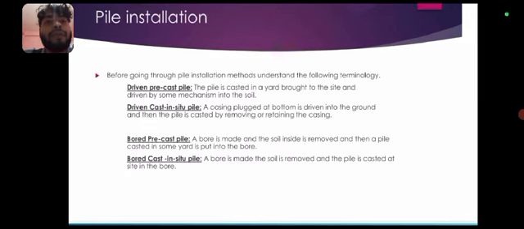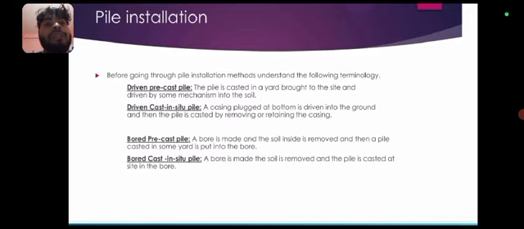Before going through pile installation methods, understand the following terminology. Driven precast pile: the pile is cast in a yard, brought to the site and driven by some mechanism into the soil. Driven cast in situ pile: a casing plugged at bottom is driven into the ground, and then the pile is cast by removing or retaining the casing.